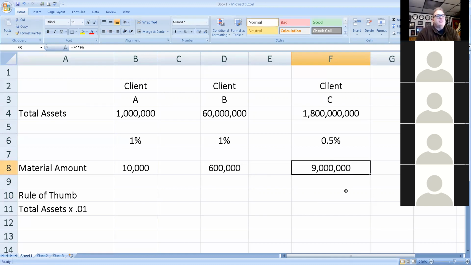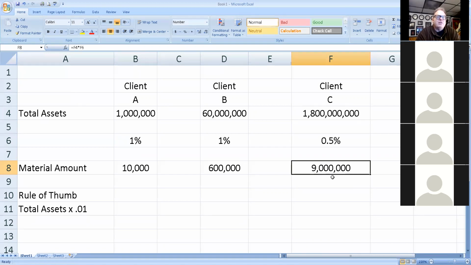So a lot of times, just because the dollars become so astronomical for these large companies, they will actually reduce the rule of thumb when they get to them, because again, you don't want to have to go into court and say we missed a $15 million error or fraud or whatever.